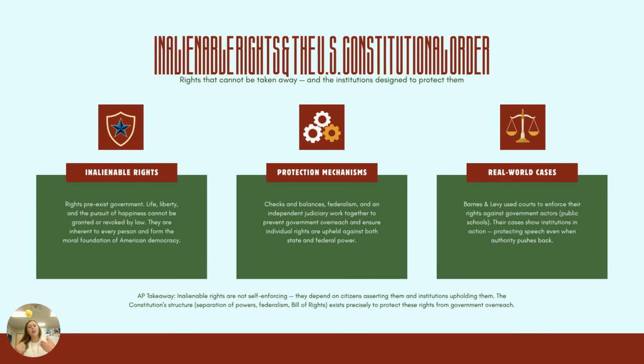And so the American system of government, through all of these principles we've talked about, like a republican form of government, separation of powers, checks and balances, all of these different things, the system is attempting to protect rights, right?